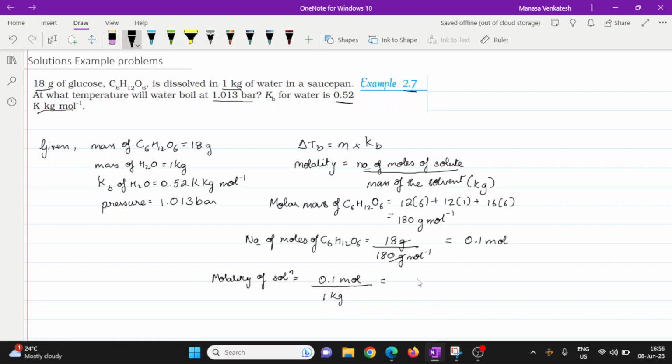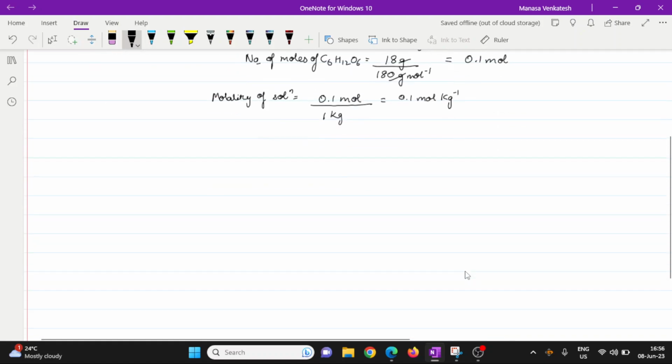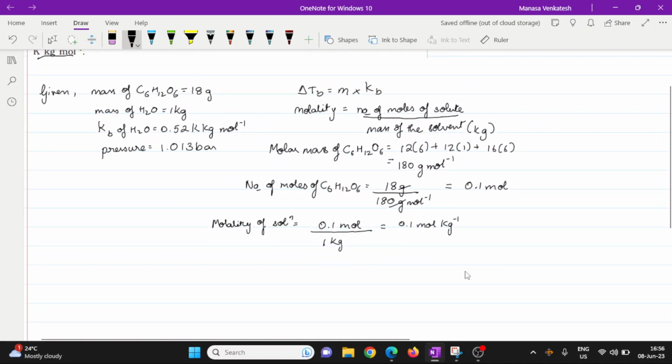So this is equal to 0.1 moles per kilogram. This is the molality. Now delta TB equals m, the molality, 0.1 moles per kg, into the Kb, which is 0.52 Kelvin kilogram per mole.